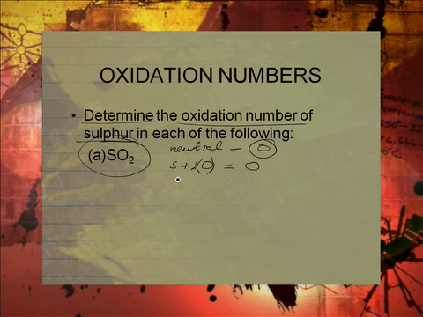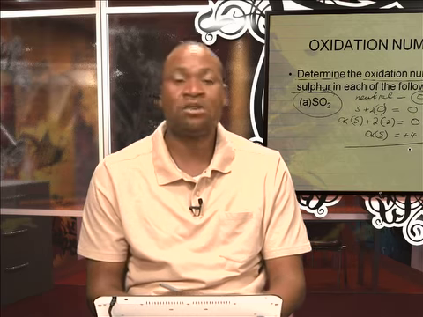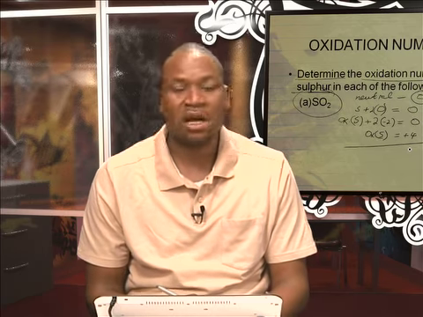The oxidation number of sulfur plus 2 times the oxidation number of oxygen, which we know to be -2, should give us 0. So the oxidation number of sulfur should be equal to -(2 times -2), which is +4. So the oxidation number of sulfur in SO2 is +4. That's how you find it.